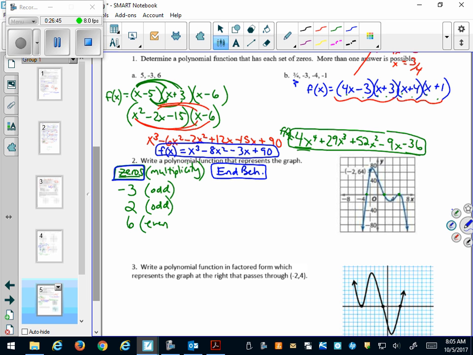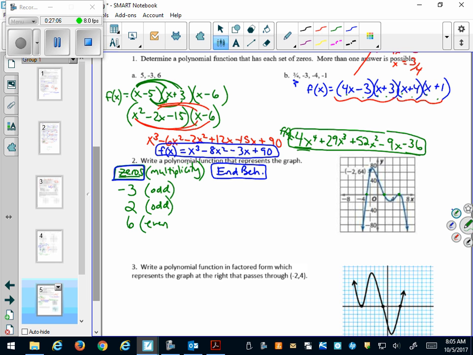The end behavior of this graph is going down to down. Does that resemble more of a parabola or more of a line? End behavior. Parabola. Is it a positive or a negative? It's a negative.